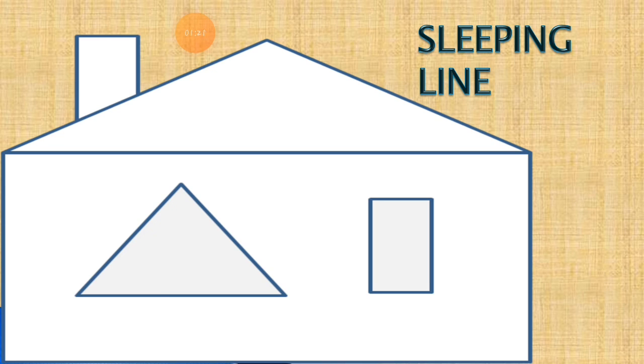So in this picture also I'll overwrite the sleeping lines so you can find them very well. With the red color I will overwrite the sleeping lines so you can identify them.